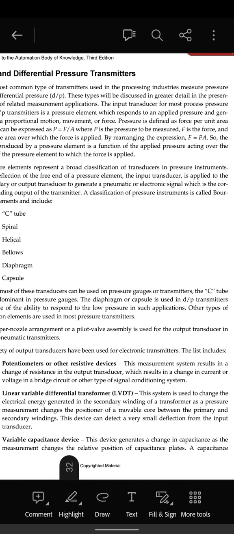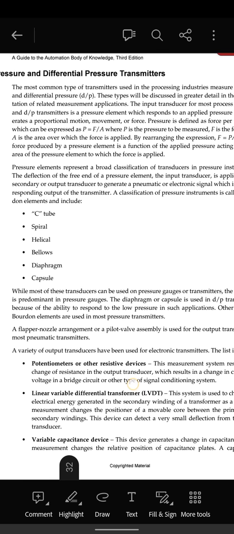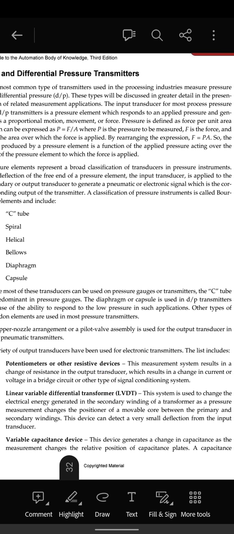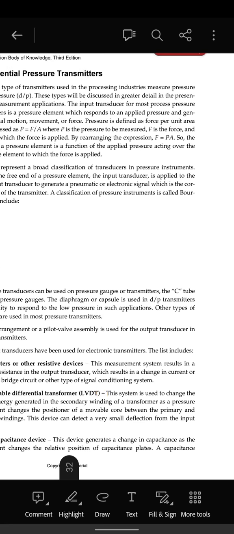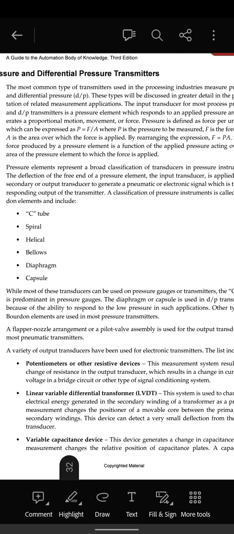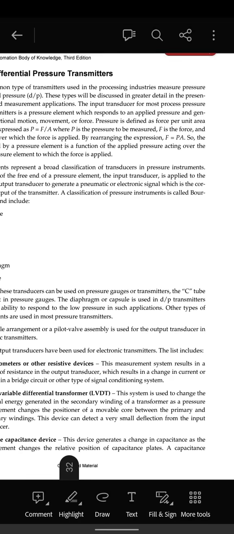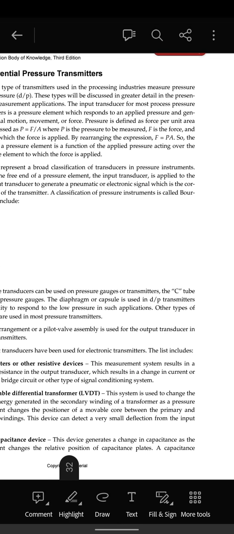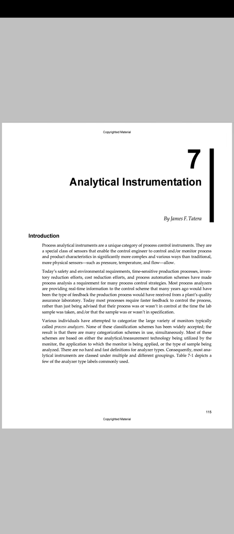This device can detect a very small deflection from the input transducer. A variable capacitance device generates a change in capacitance as the measurement changes the relative position of capacitance plates.